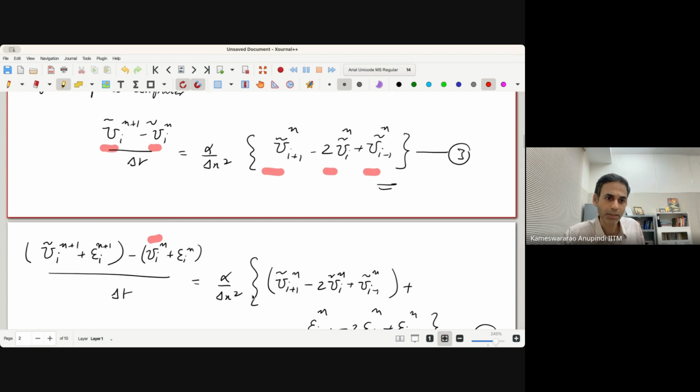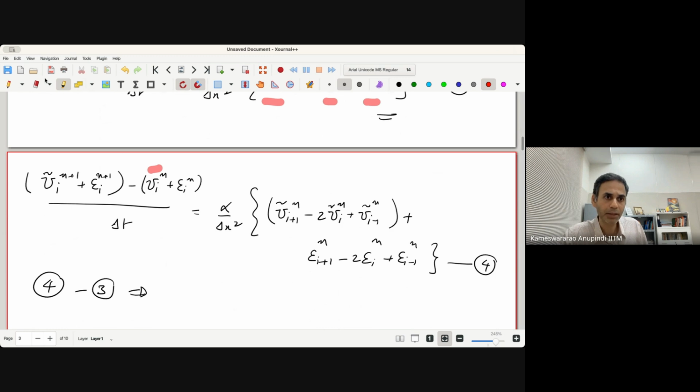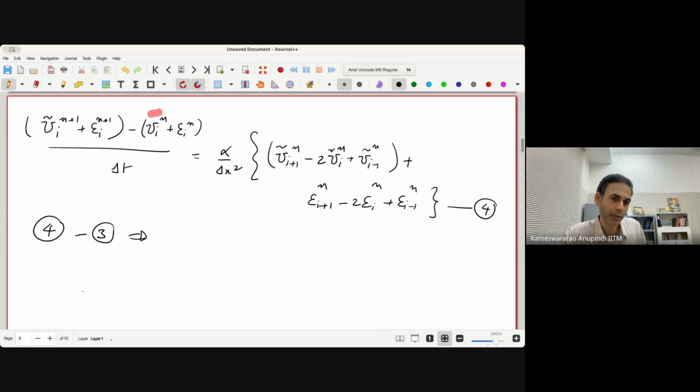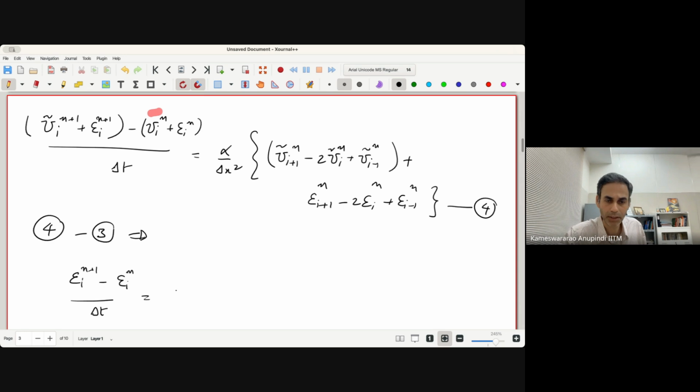What remains is only the epsilon terms in equation 4, which is epsilon I n plus 1 minus epsilon I n divided by delta t equals alpha by delta x square, times epsilon I plus 1 minus 2 epsilon I plus epsilon I minus 1, at time level n on the right hand side.